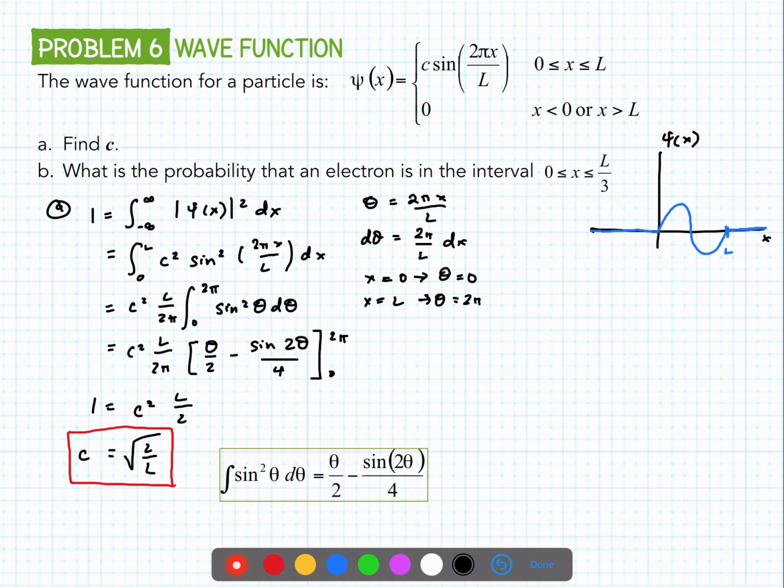Then if we want to calculate the probability, that's going to be the integral from 0 to L over 3, which should be pretty much to like here-ish, of the same function.